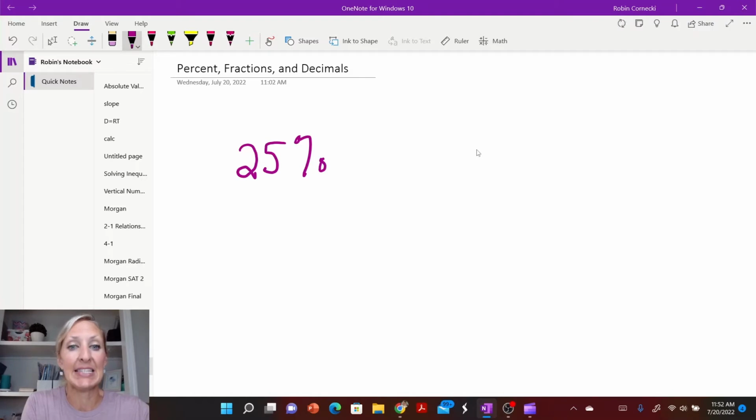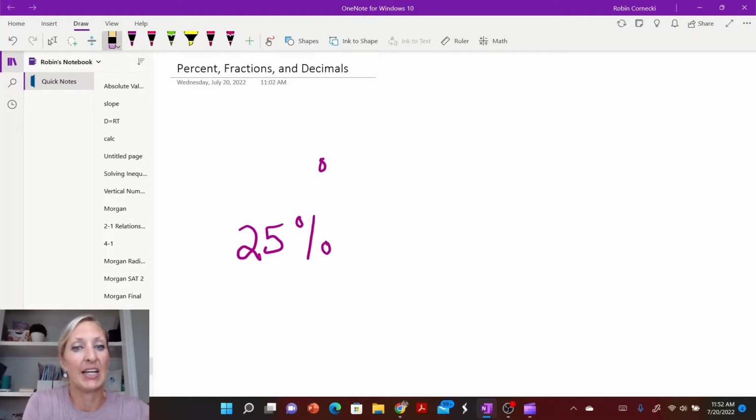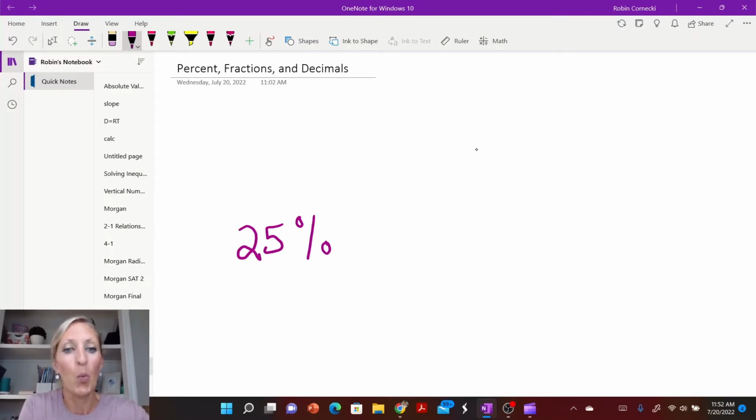So the percent symbol means out of 100 because if you look, I will redraw this because I am actually writing on a touchscreen laptop, so sometimes my writing may seem a little wonky.